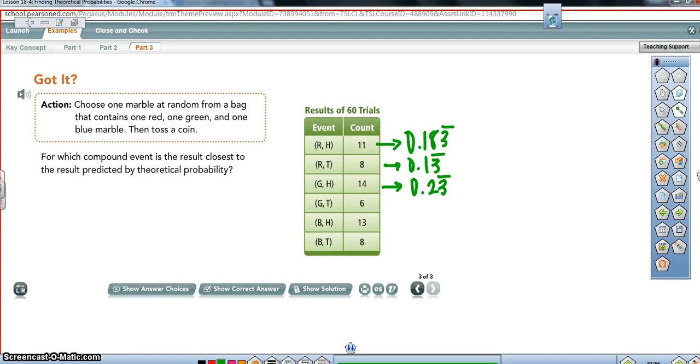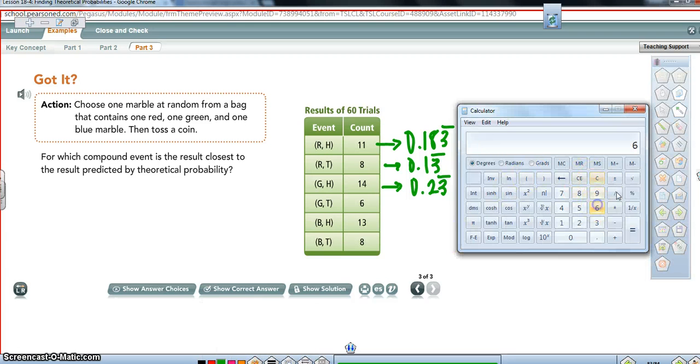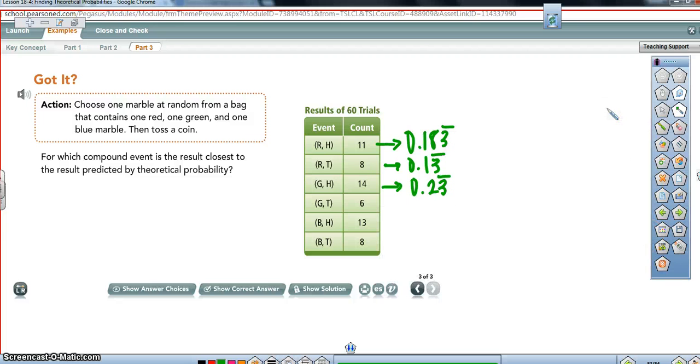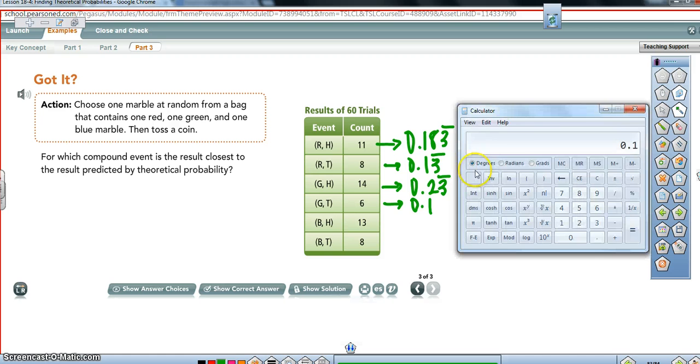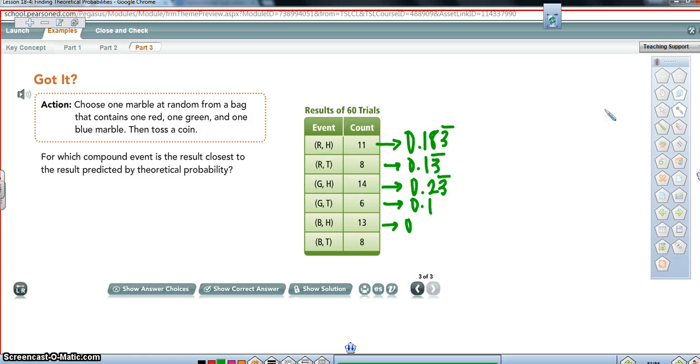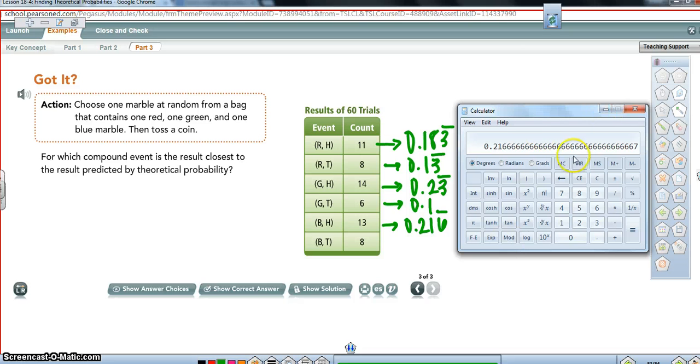Green with tails 6 out of 60 times. 13 out of 60 times blue with heads. 13 out of 60, 0.216 repeating. And lastly, 8 out of 60 times for the last event.